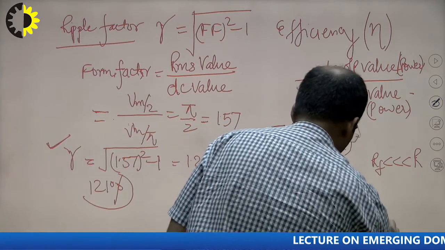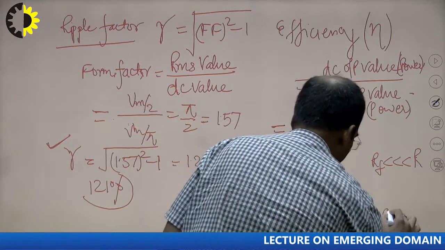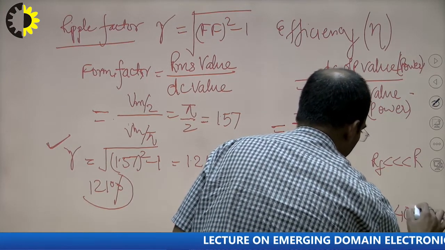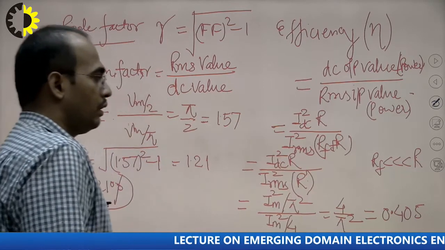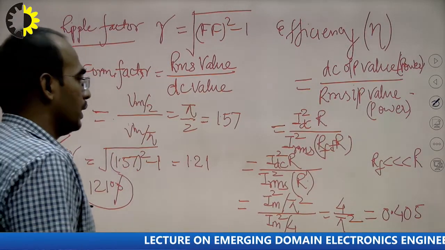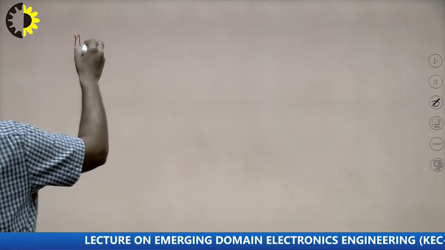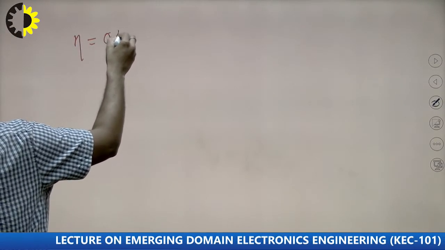So, when you calculate this value, you will get 0.4056. If I convert this into the percentage, then I will get eta. Here I have found that eta is 0.405.